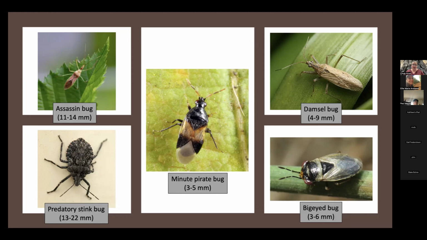So you're not going to go in the field and see this detail. It's not going to look like the photo I just showed you. This minute pirate bug is about 3 millimeters long. Well, that's super tiny, right? So I can see all this detail, but when it's this tiny out in the field, you don't see that detail. Keep that in mind, because the size really matters.